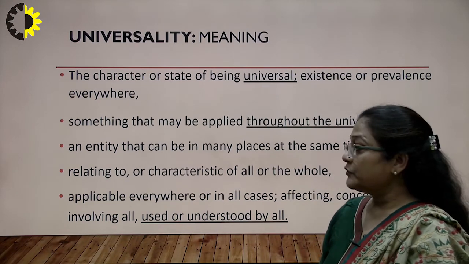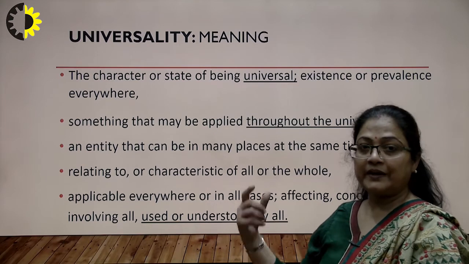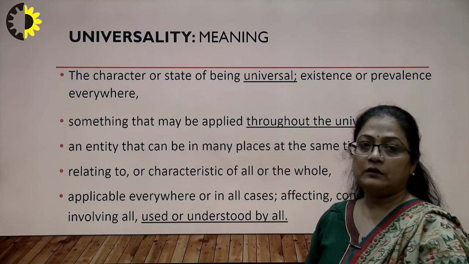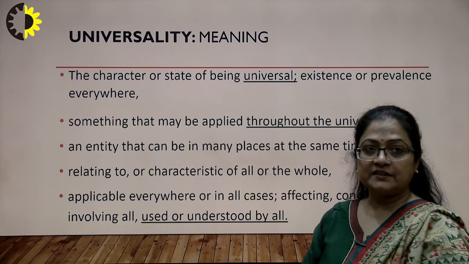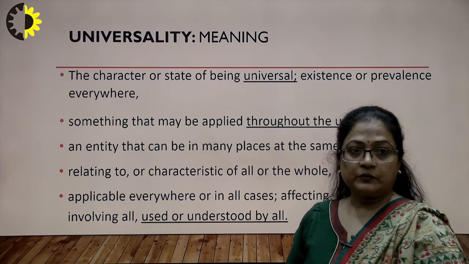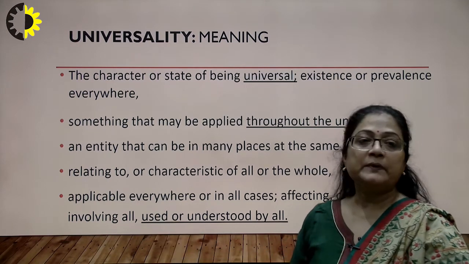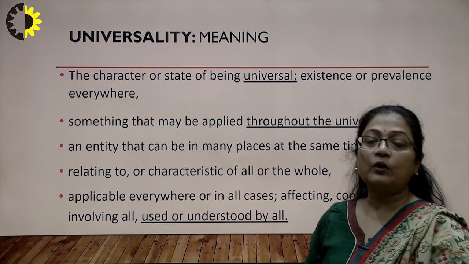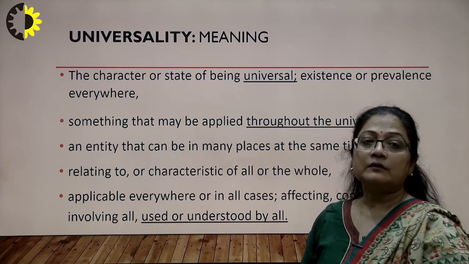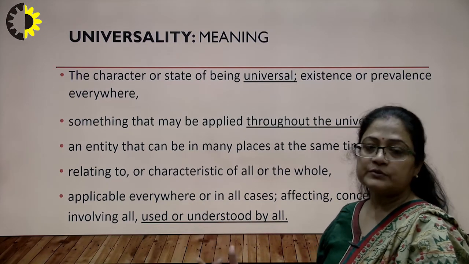So, universality also means related to or some characteristics of all or the whole, meaning everything has this particular feature. It also means something which is applicable everywhere in all cases, affecting, concerning or involving all, or to put it simply, used or understood by all.